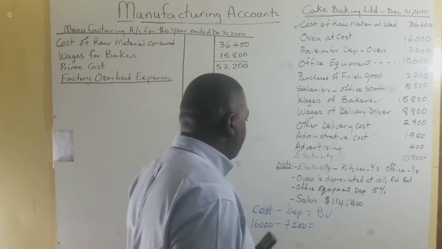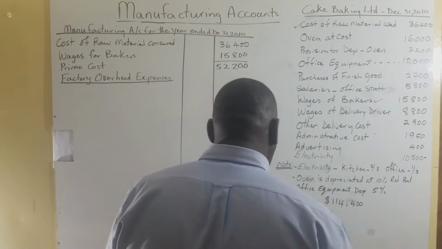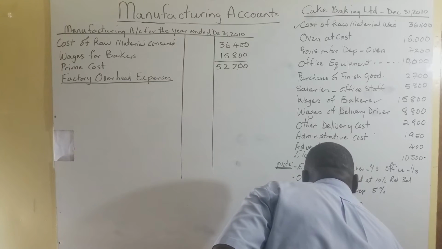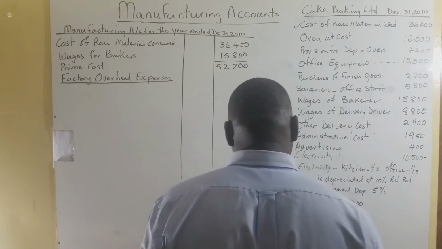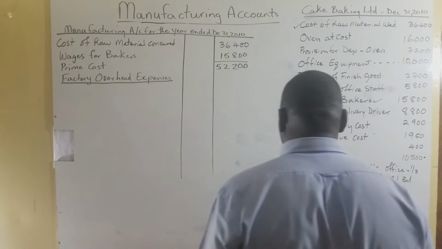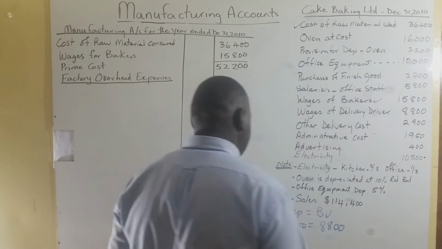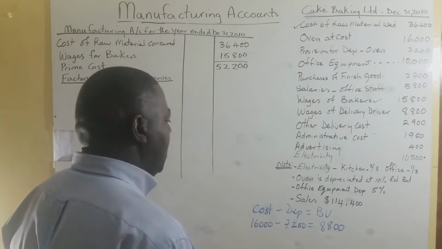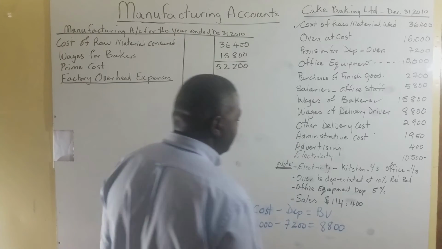When I subtract this from this, I'm going to get the book value. So it should be 8,800. Now, am I right? I think so. I'm right. Good. So, this is the book value.